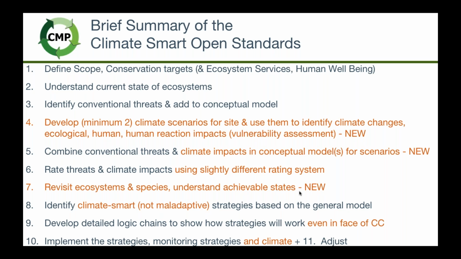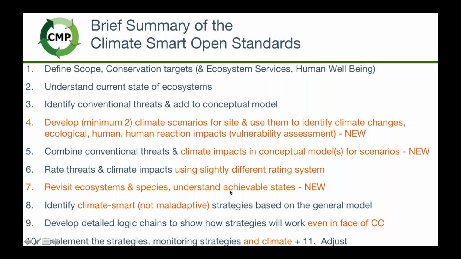So you still have your goals. We just have moved the goal step down so that you do it after you have looked at your climate scenario planning and done your climate conceptual models and your threat rating. It's so that you make sure that your goals are informed by all of that analysis.